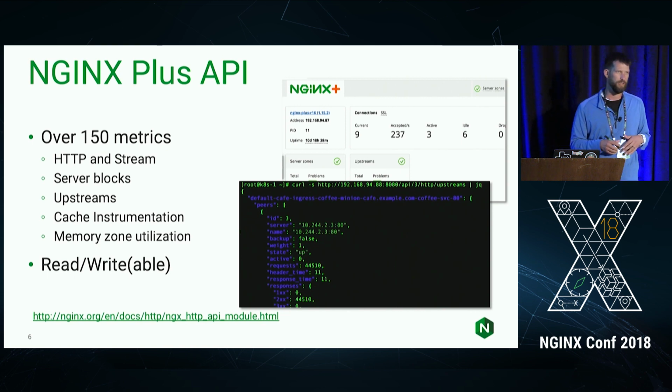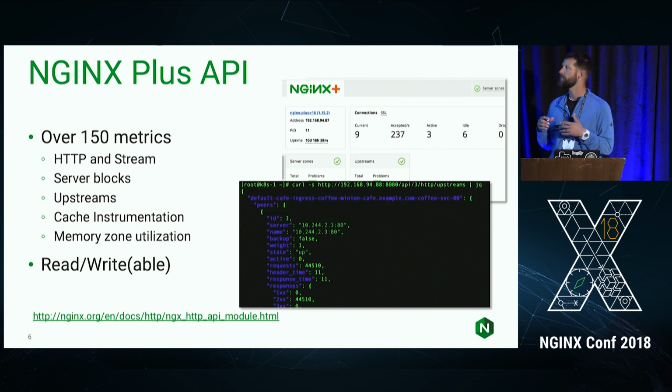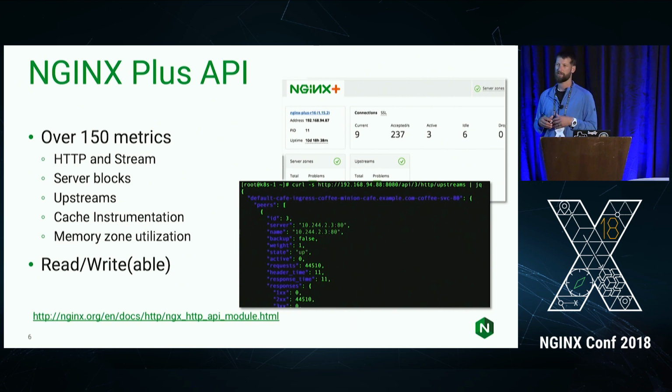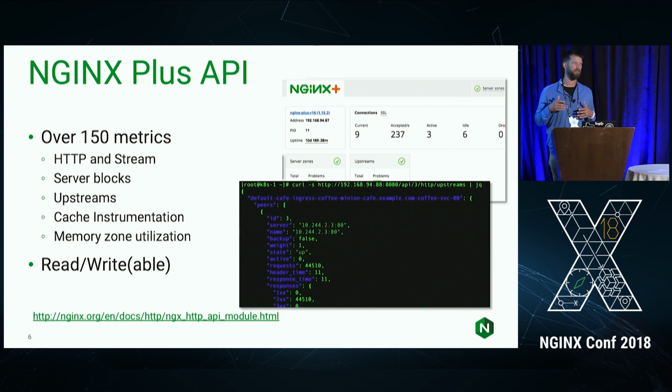So the NGINX Plus API exposes over 150 metrics. I did a count the other day of all of the endpoints, and I think it comes out to 158, but it gives you status on things like throughput and the number of connections per second.